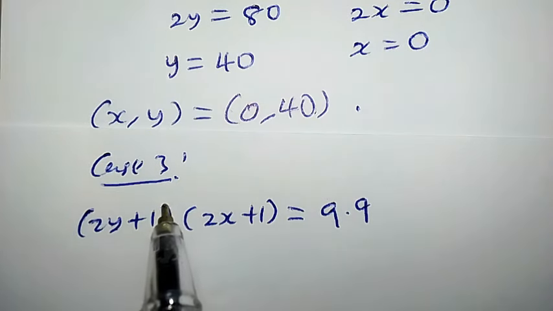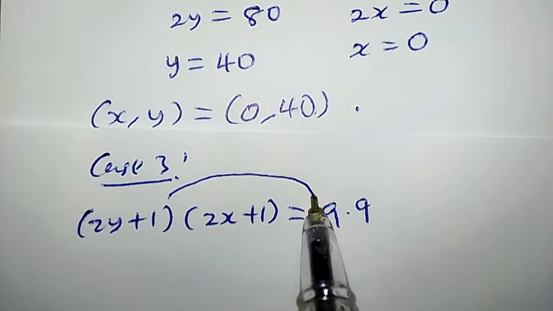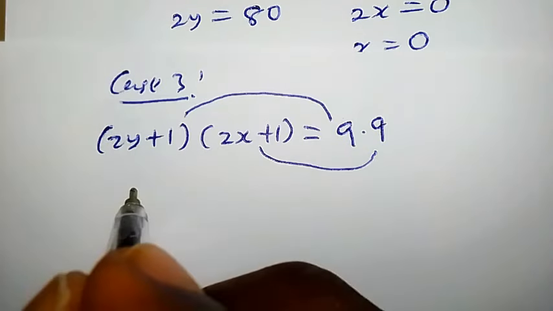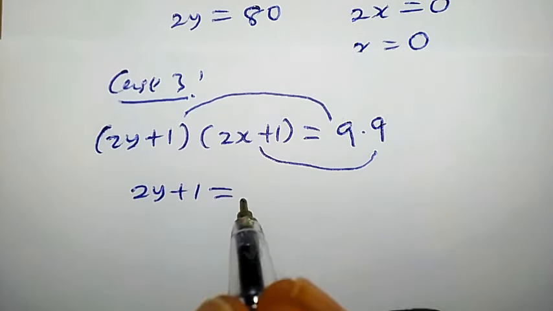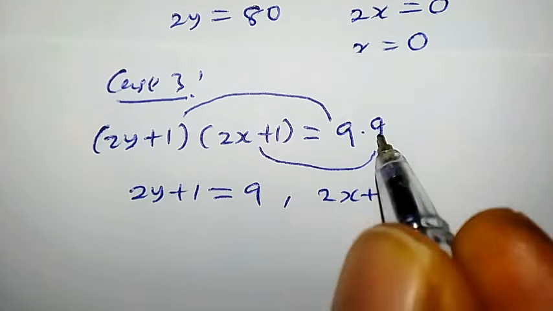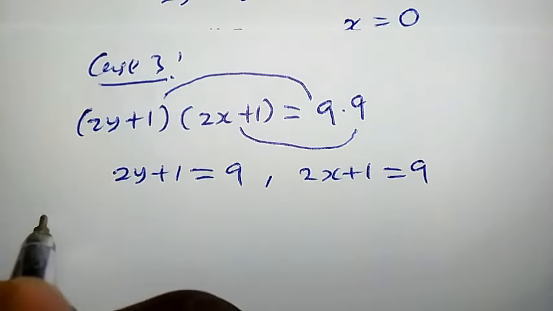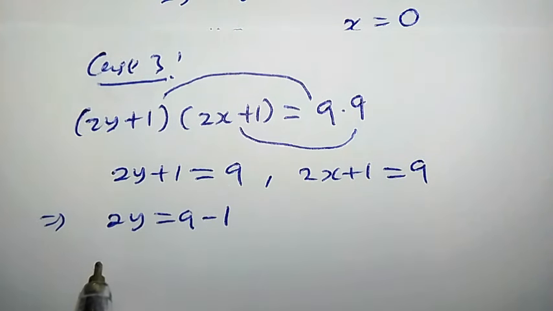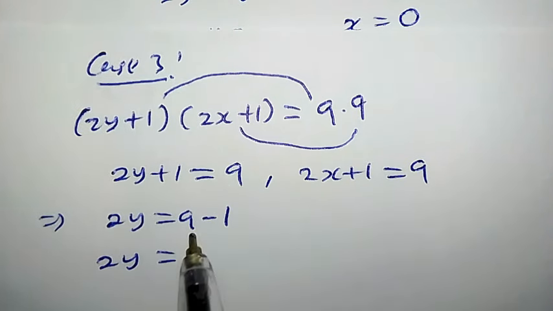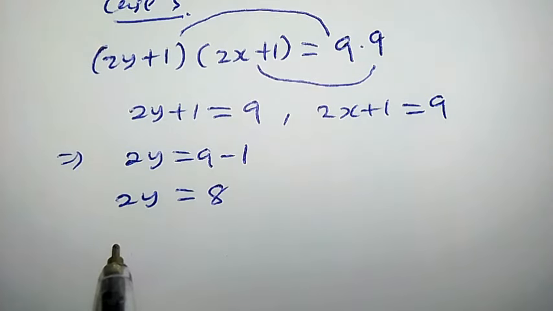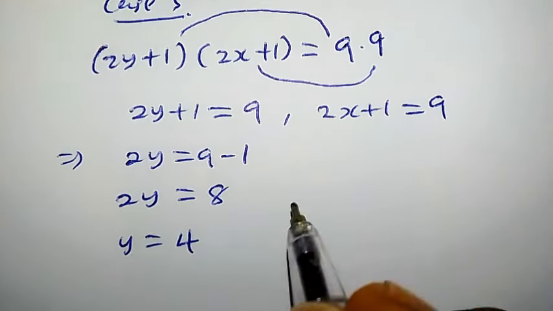By comparing, 2y plus 1 will be equated to 9, and 2x plus 1 will also be equated to 9. 2y plus 1 is equal to 9, and 2x plus 1 is equal to 9 also. This implies that 2y is equal to 9 minus 1, that is 8. Dividing both sides by 2, we have y equal to 4.